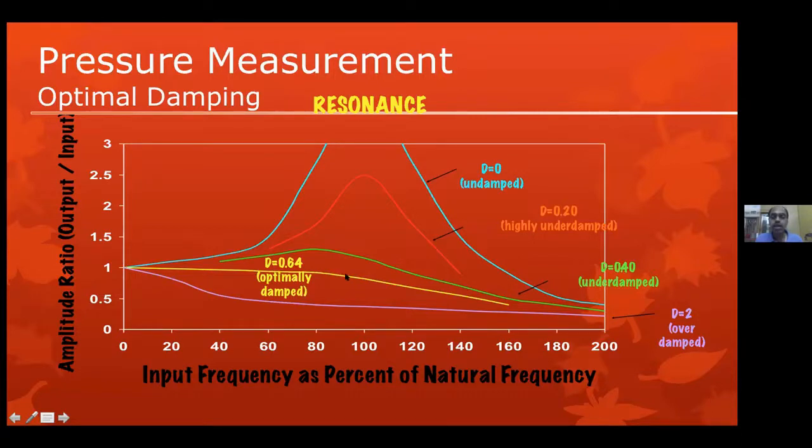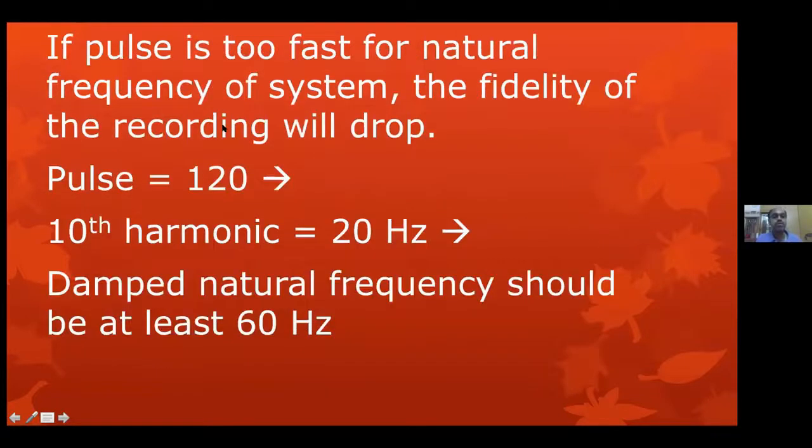Subsequently, the wave will have a lower and lower output so that it will become less useful for clinical purposes. So the natural frequency of any transducer has to be roughly 3 times the 10th harmonic of what we intend to record. So if the pulse is too fast, let us assume the heart rate is 120, the 10th harmonic is 20 Hertz.